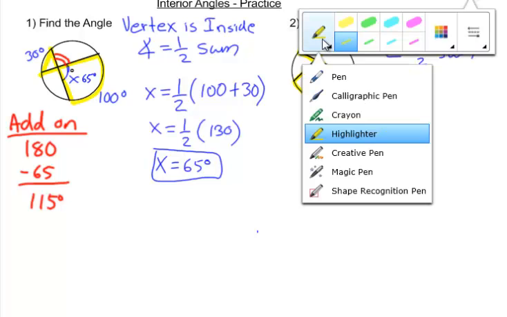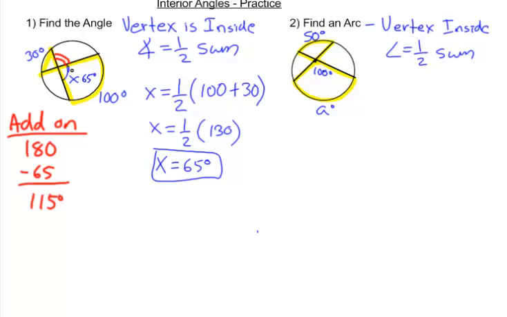Now that we have that, we can set up our equation. Those are our two intercepted arcs. So the angle, which is 100 degrees, equals 1/2 (A plus 50 degrees). Now, the algebra here: first we'd like to eliminate that 1/2. You could distribute, that would be fine, but it's a little simpler if instead we multiply both sides by 2.